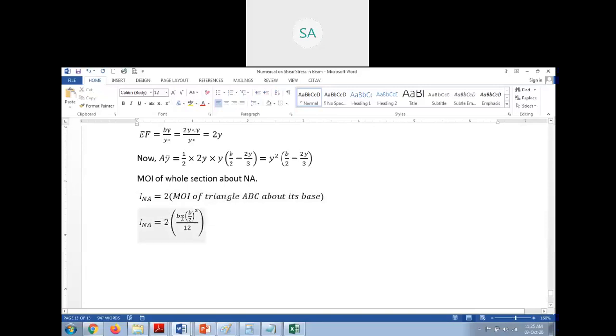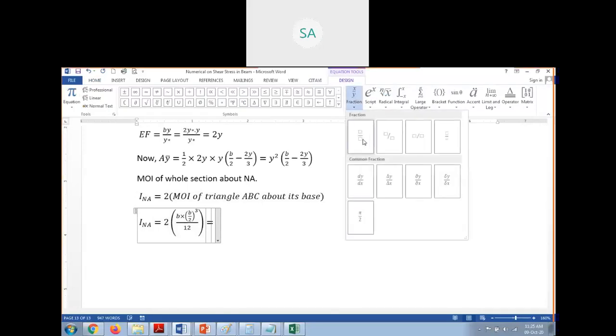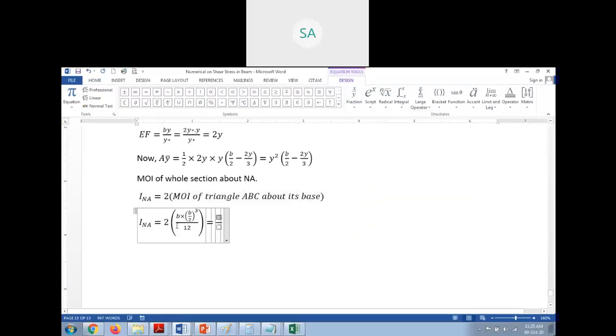Now this b and this b cube, it becomes, I'll take the ratio like this. So I have 2 here. So 2 into b into b cube. So it becomes b raised to 4.